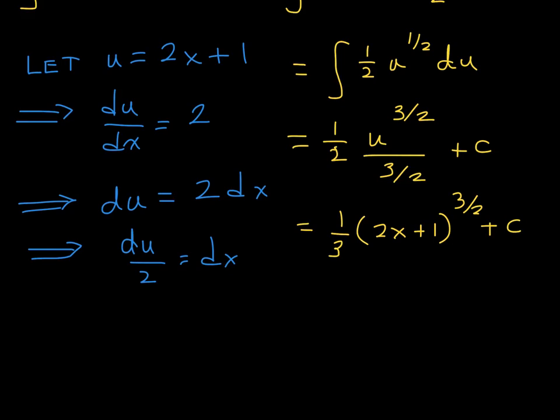Let's look at another. So let's say we are asked to find the integral of secant squared of 5x plus 1 times 5 dx. Let's see what happens when I make my substitution.